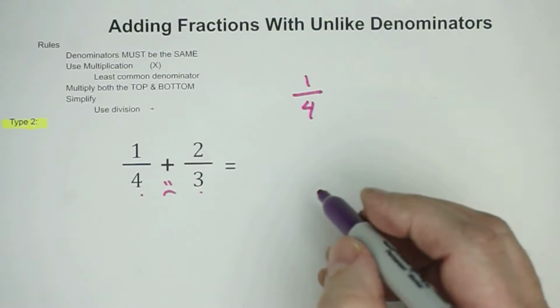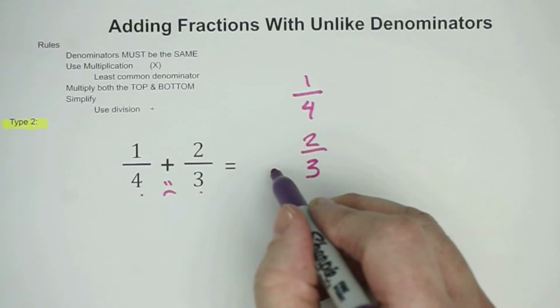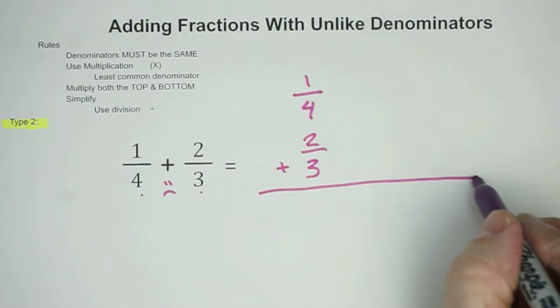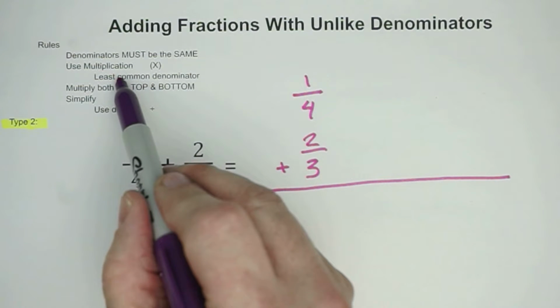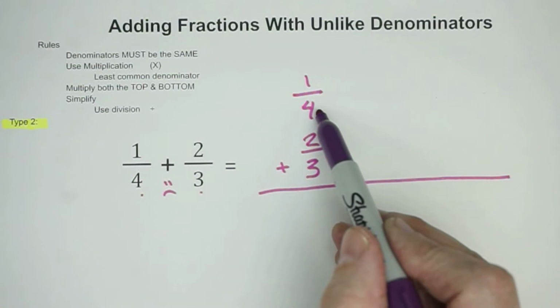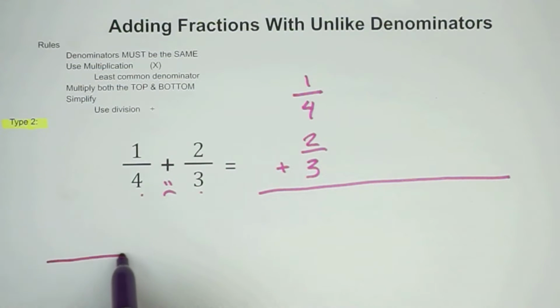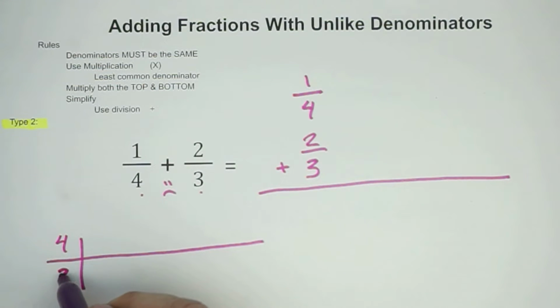It does take more space, but I think it's worthwhile because you can see and organize your work. Okay, so we're going to use multiplication to find our least common denominator of 4 and 3, and a t-chart is useful. Doesn't matter which order we put them. You can put the 3 on top if you want. I'm just going to go 4 and 3.